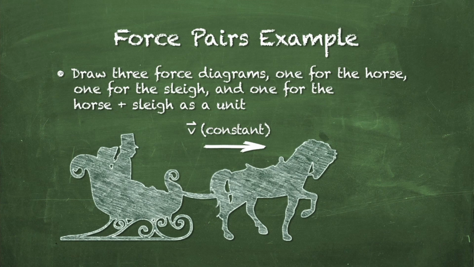Please draw all of the forces on the horse, all of the forces on the sleigh, and all the forces on the horse and sleigh together. And I would like you to think about it. Once again, try to do this so that you can see what you're thinking, and then you can see that your thinking was correct, or you can learn where you can make some improvement. So please try.